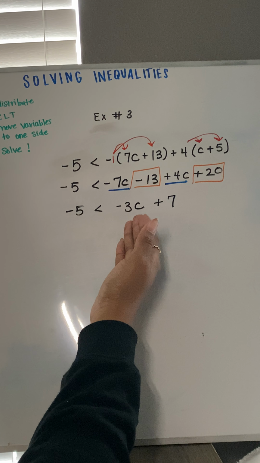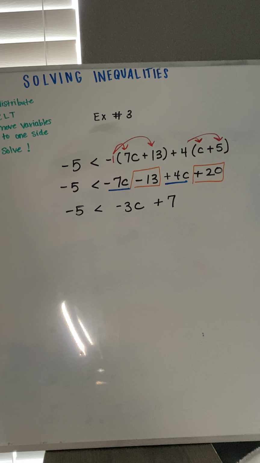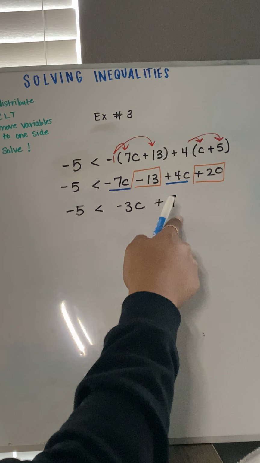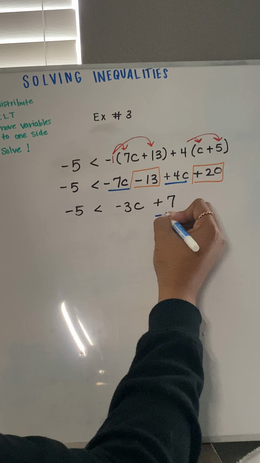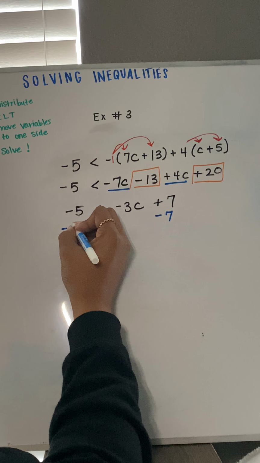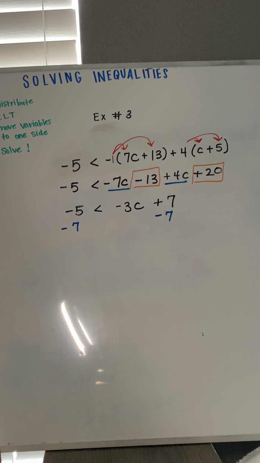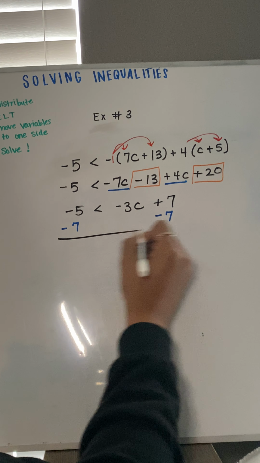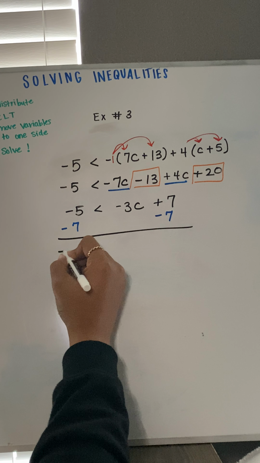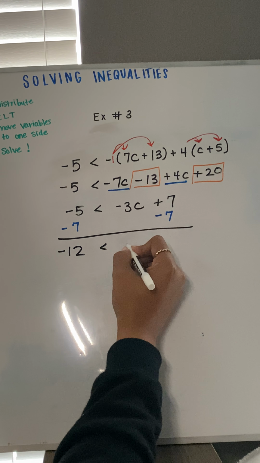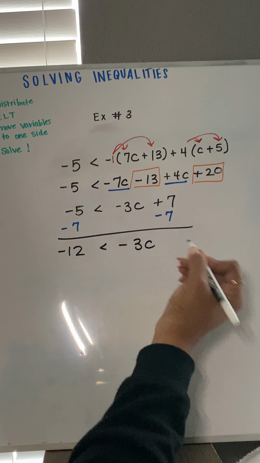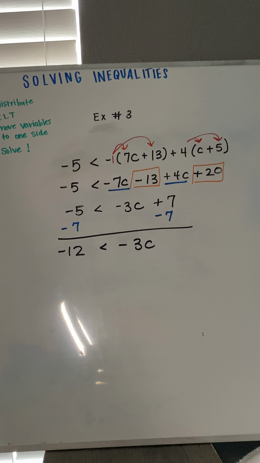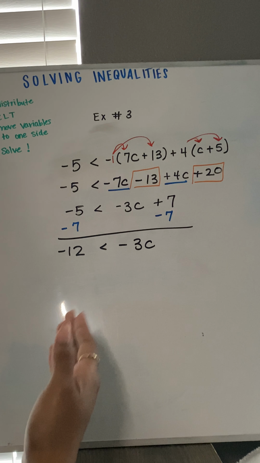Again, I'm trying to get this c by itself, so I need to get rid of these other things. So I'm going to first start by getting rid of +7 by doing the opposite, which is -7. Do it on both sides. After some calculating, we get -12 is less than -3c. Almost done. We just need to get rid of our coefficient.